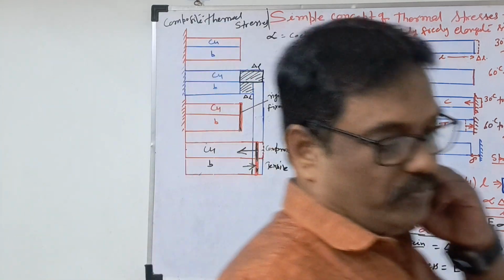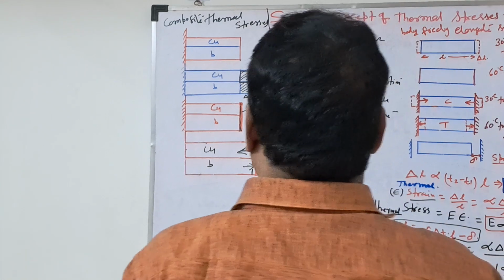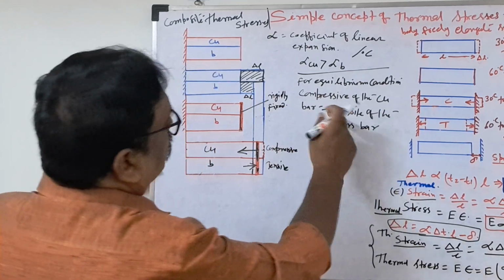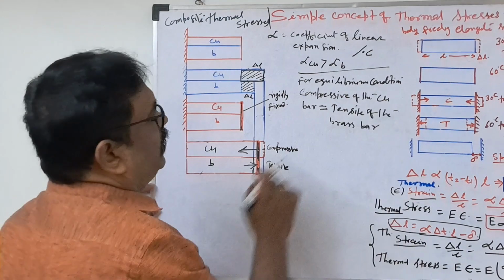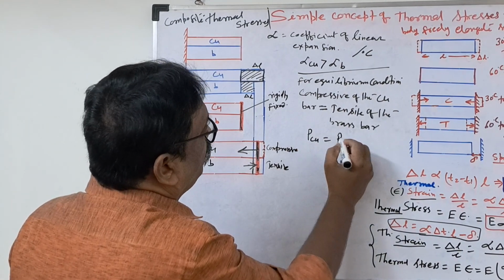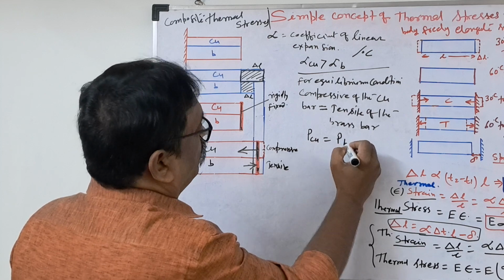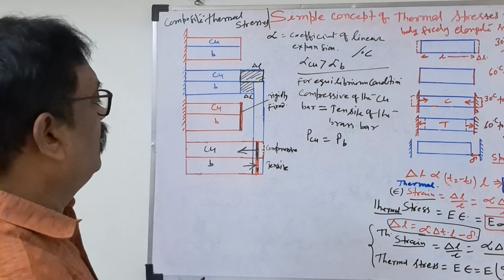So here, compressive load will be equal to tensile load. So P_C is equal to P_B. I am taking the symbols B for brass and C for copper.